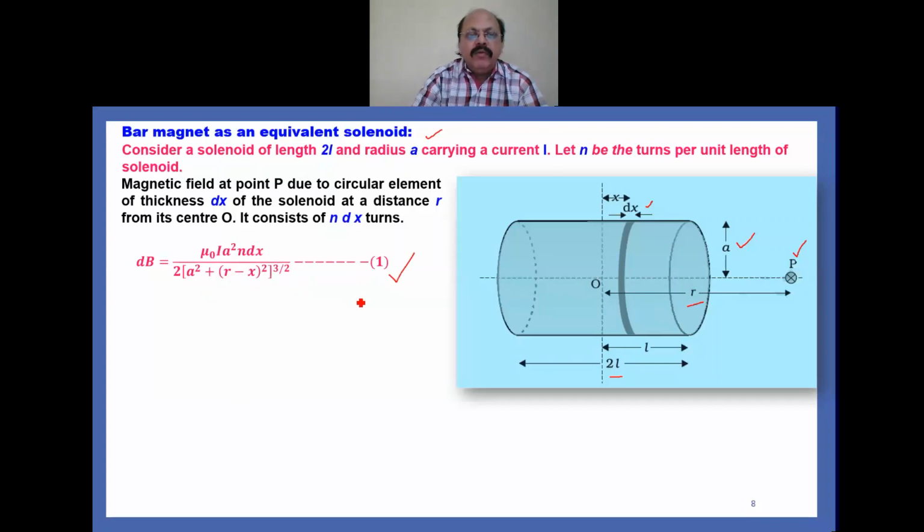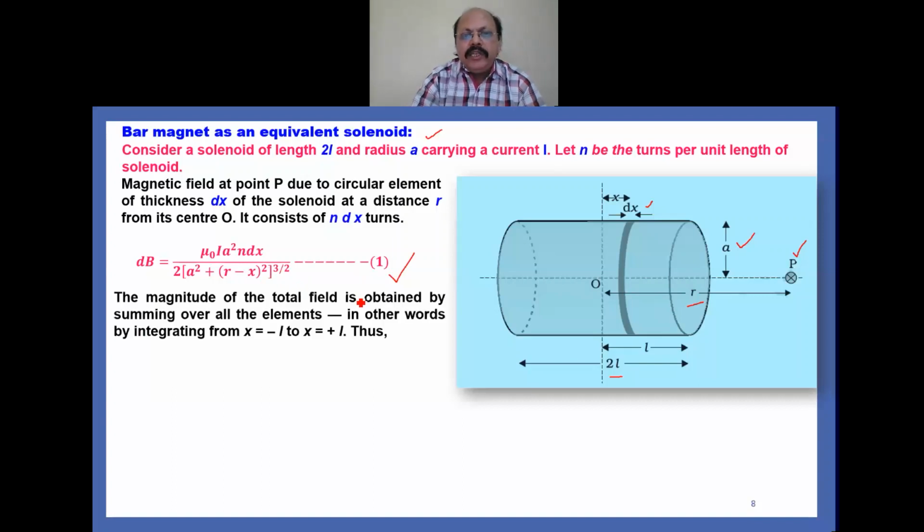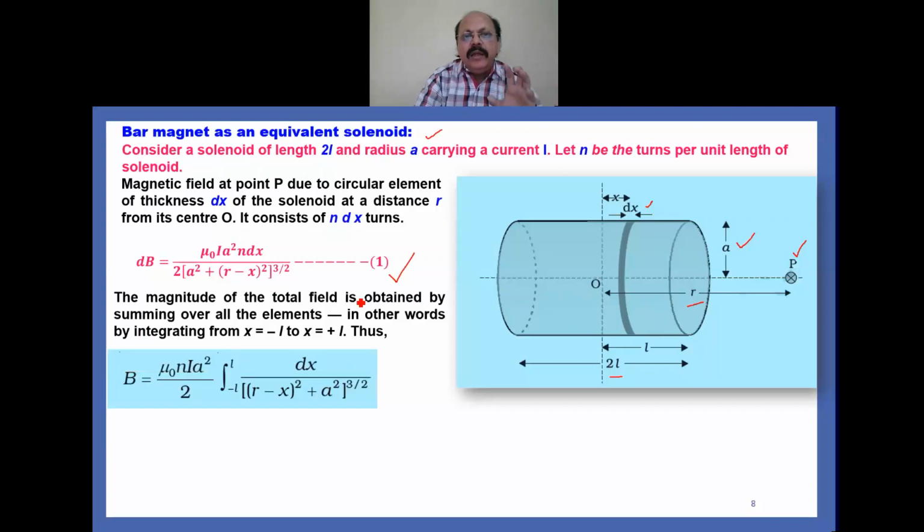Mark this equation number 1. Now, as I already told you, this is the magnetic field because of one circular element of thickness dx. But the entire solenoid has a large number of this type of circular elements. So we have to integrate this equation to find the total magnetic field at point P.